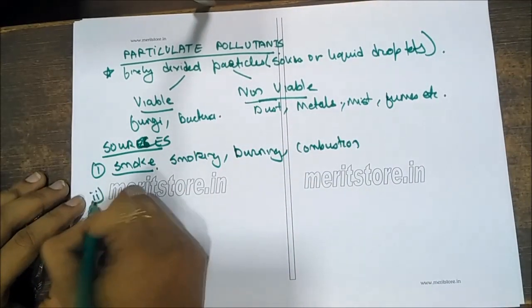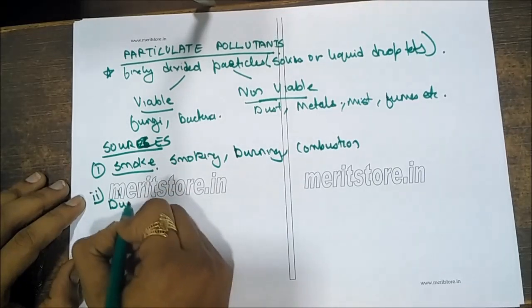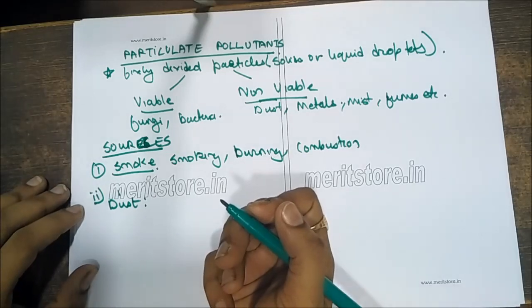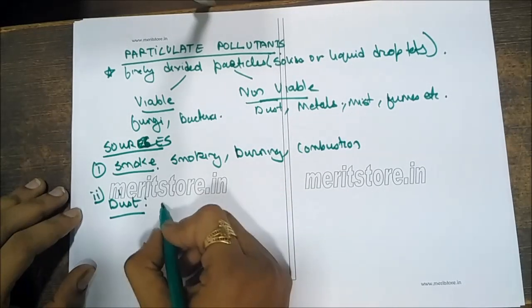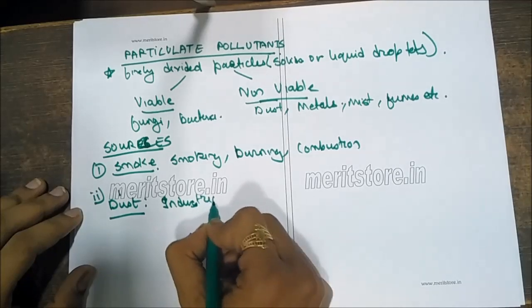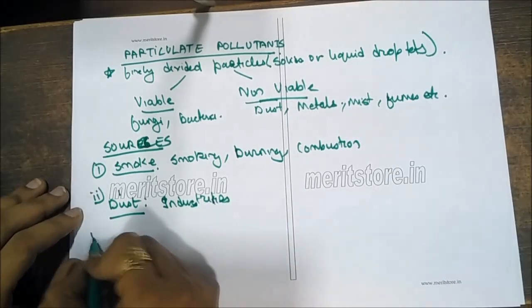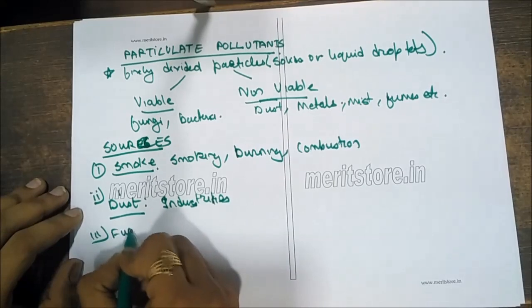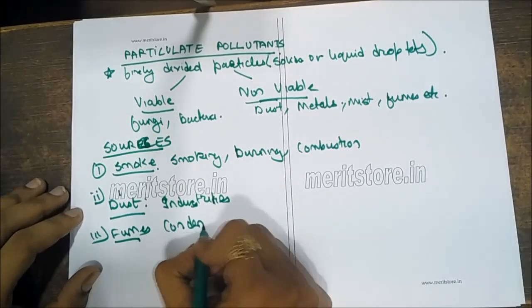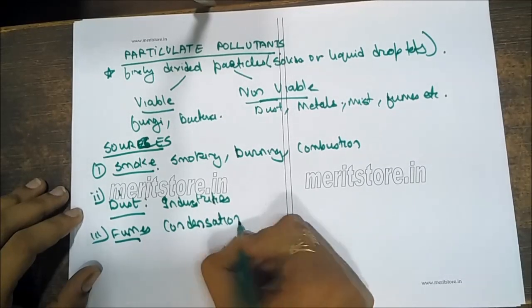Next, dust. Now dust are very fine solid particles. So these may be emitted from different factories and industries. So this is mainly released from industries, manufacturing units. Next is fumes. Fumes are produced during condensation of water vapors.